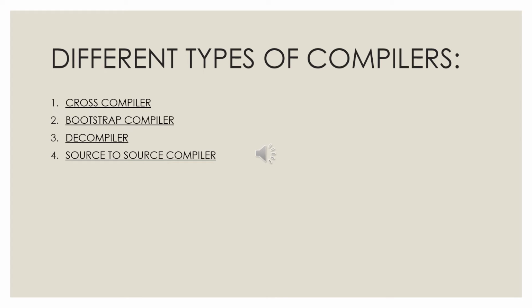Number three is decompiler. A decompiler is a computer program that takes an executable file as input and then attempts to create a high-level source file which can be recompiled successfully. Number four is source-to-source compiler, a program that translates between high-level languages is usually called a source-to-source compiler.